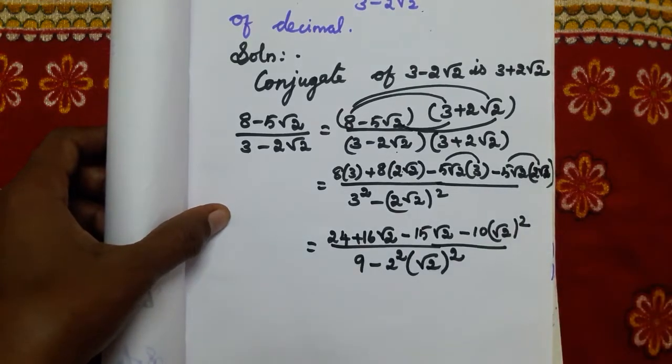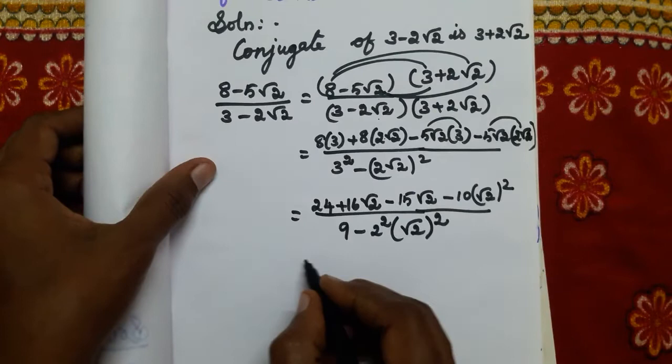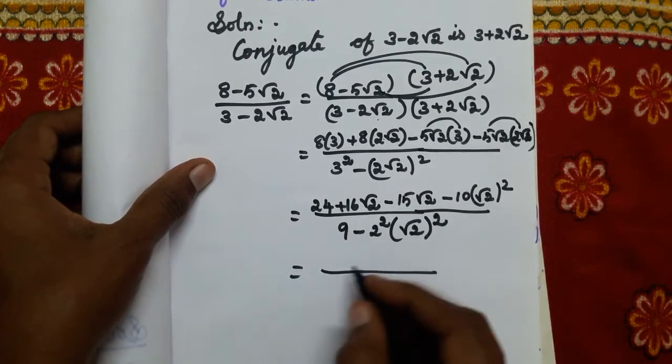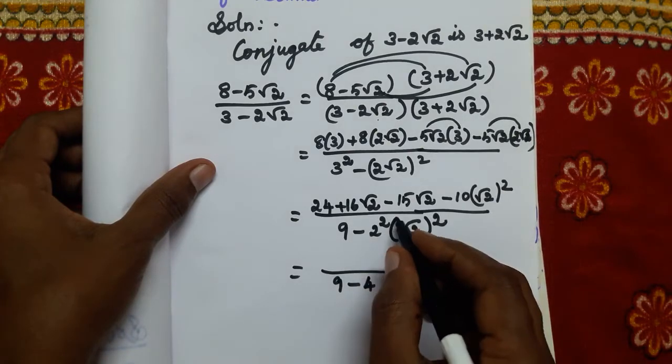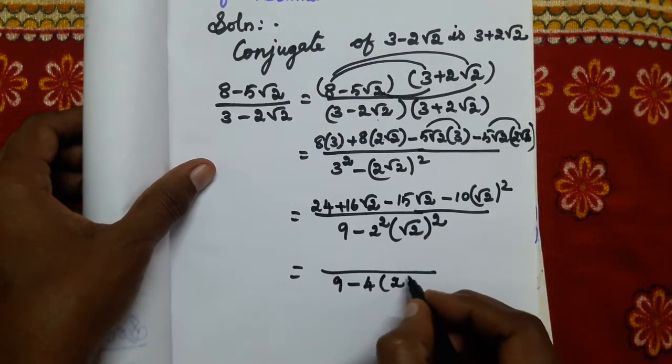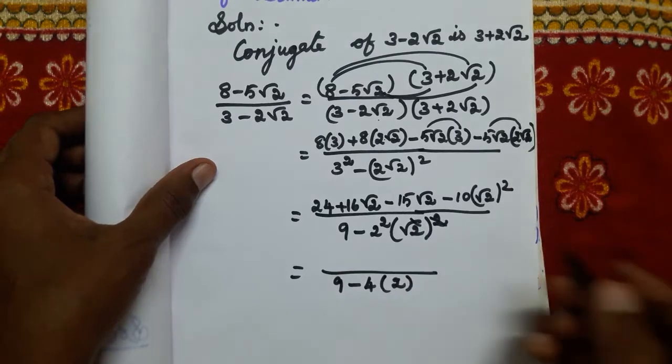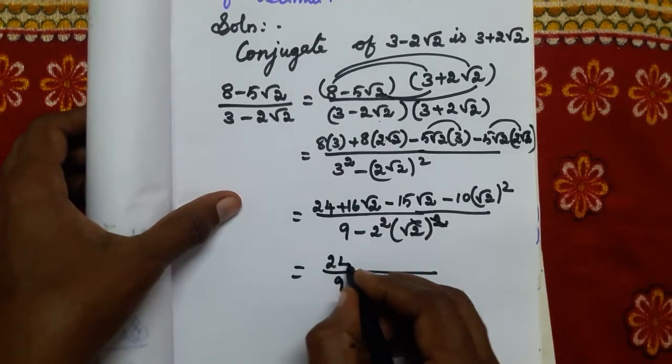Is it correct? Okay. Now what's the denominator? 9 minus 4 into 2. 2 square is 4, root 2 the whole square is 2. In the numerator, 24.